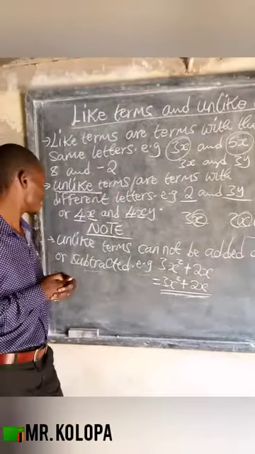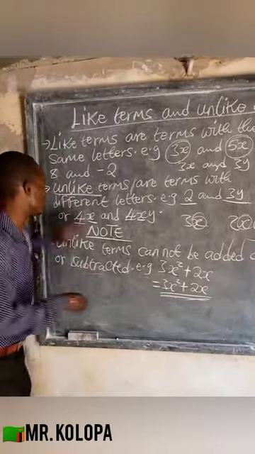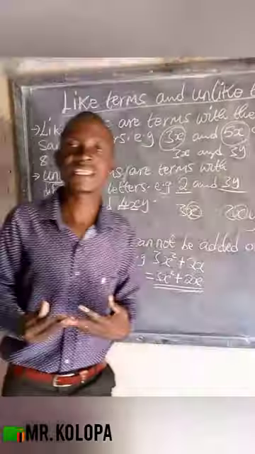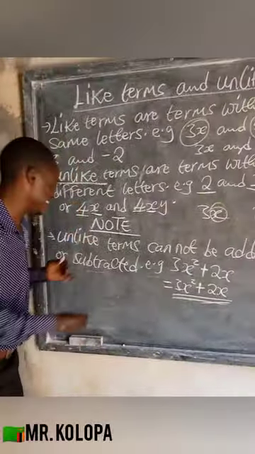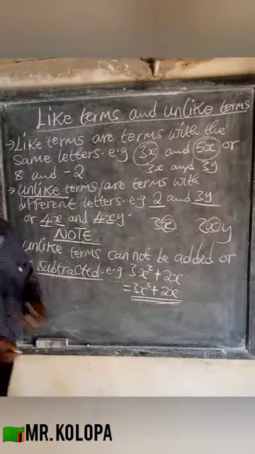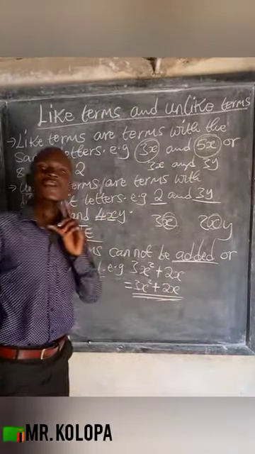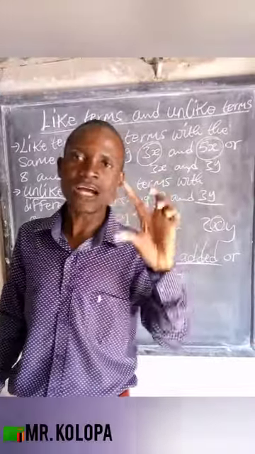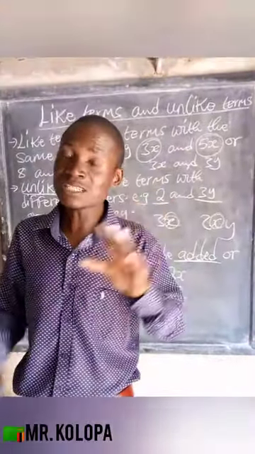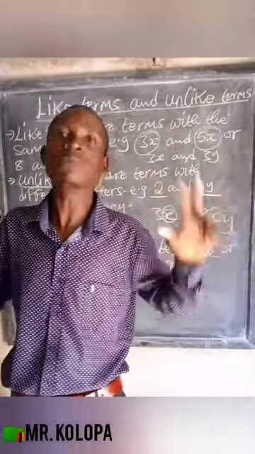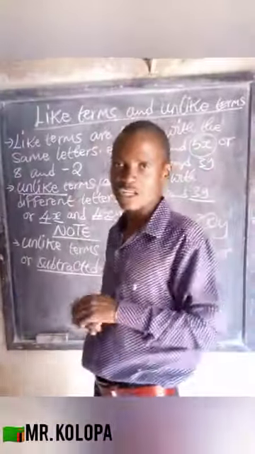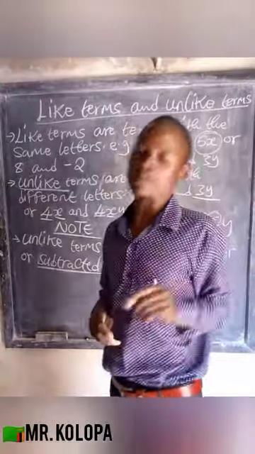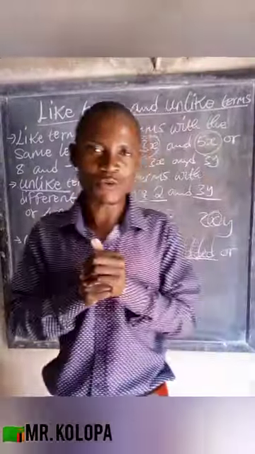So we should understand that unlike terms, terms with different letters, cannot be added. You can also underline this. They cannot be added or subtracted. Unlike terms cannot be added or subtracted. Take note of that. I'm not talking about multiplication, I'm talking about addition and subtraction. You should have that in your mind.